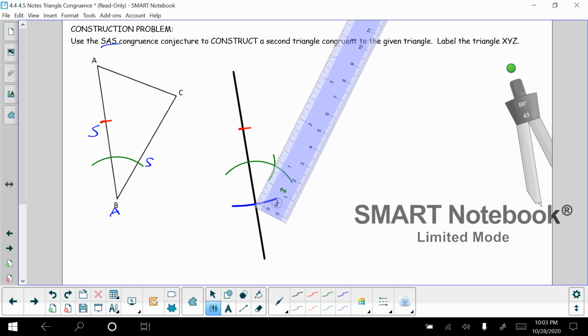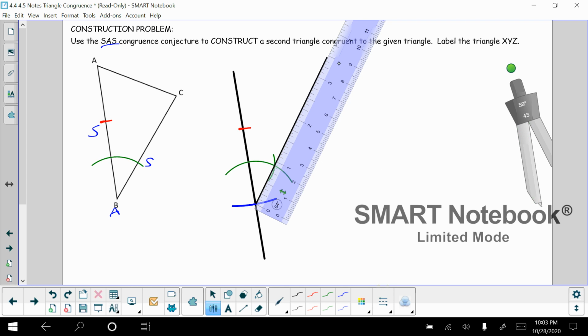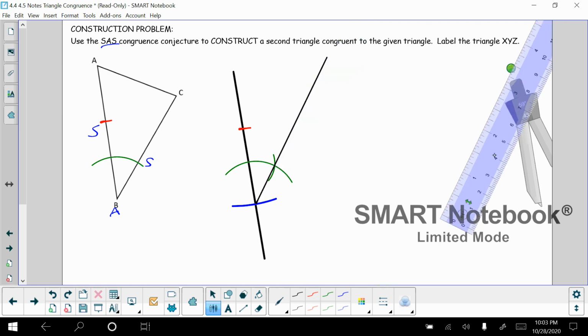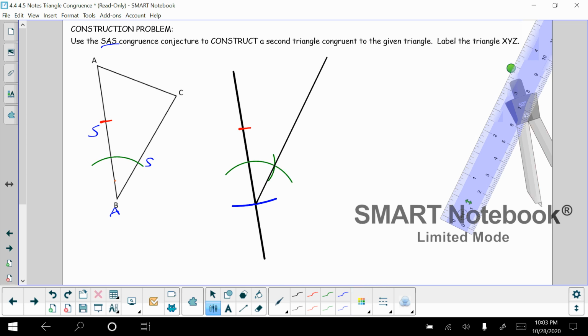And line your ruler up exactly with that. All right, so far now I just made, let me get a different color, let's do orange. This angle is congruent to this angle because I just constructed it, okay? And then the last thing I need to do, I said I was going to copy this side now, okay?